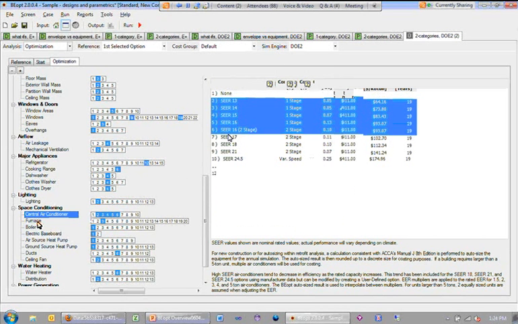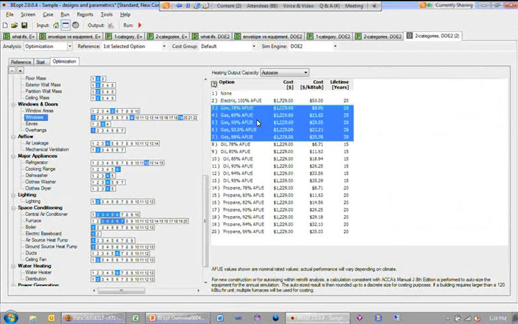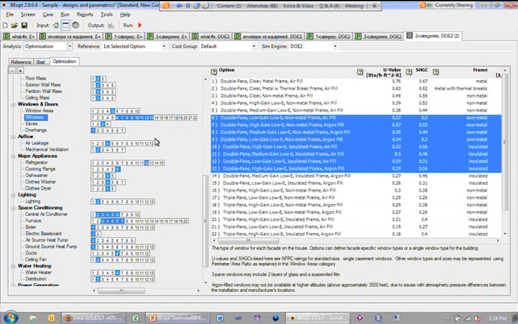You can select multiple options in a number of categories, and then BOPT will, in optimization mode, use a search technique to efficiently find the most cost-effective building designs, whereas parametric would give you the same results, but by a very much brute force approach in terms of the number of simulations that would be run.